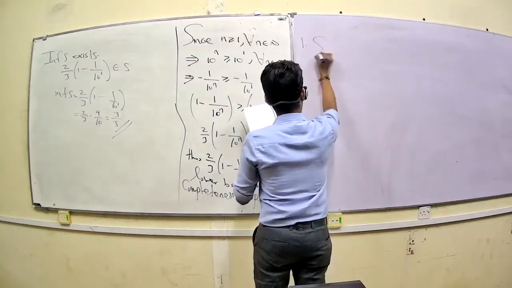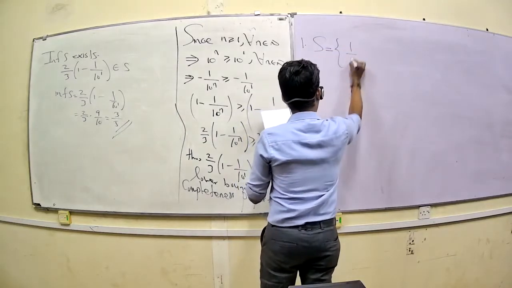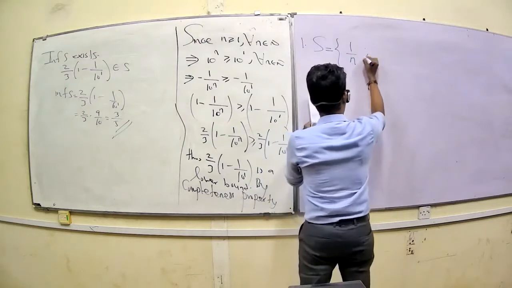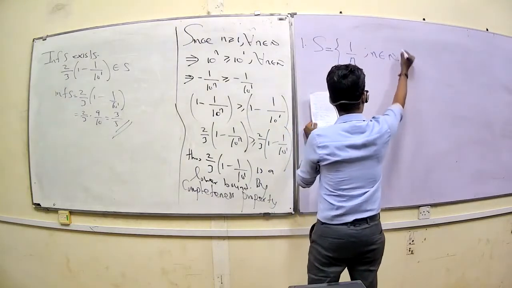Next part. S is the set of 1 over n, where n belongs to the natural numbers.